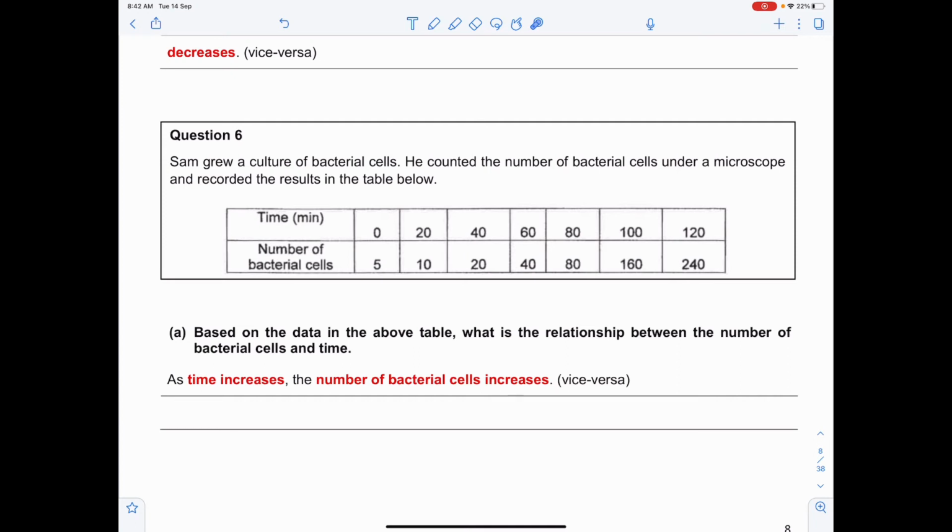So let's take a look at this as an example. Martha wants to investigate if the number of leaves on the plant affects the amount of water taken in. First things first, I told you already, always talk about change variable and measured variable. So this is your change variable, and this is your measured variable, right?